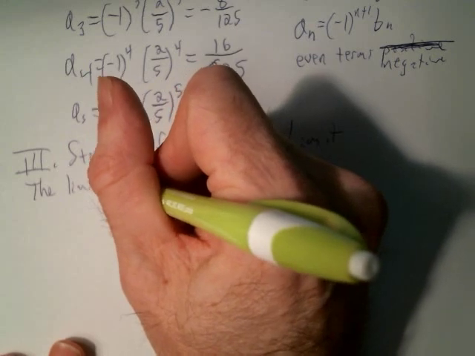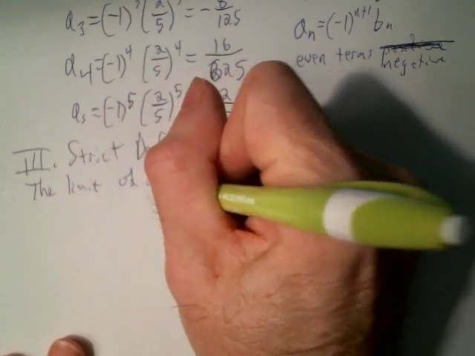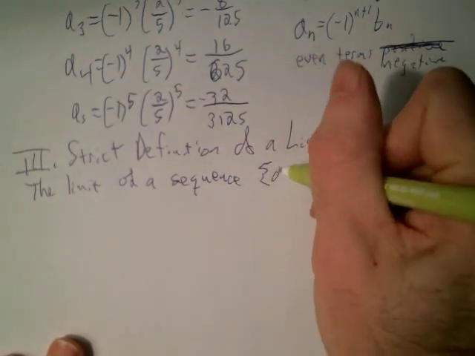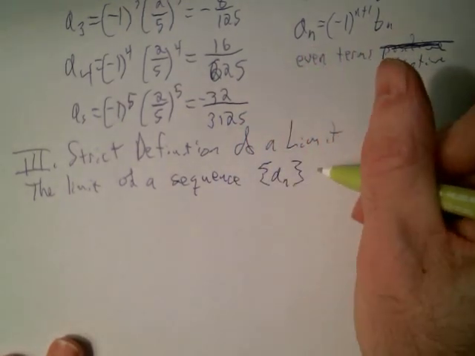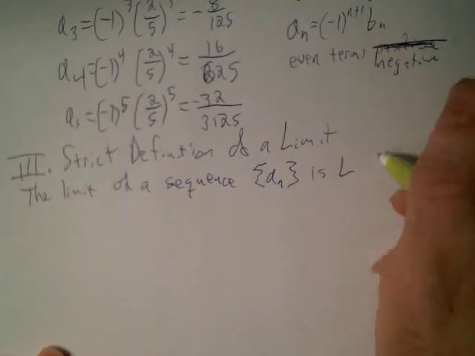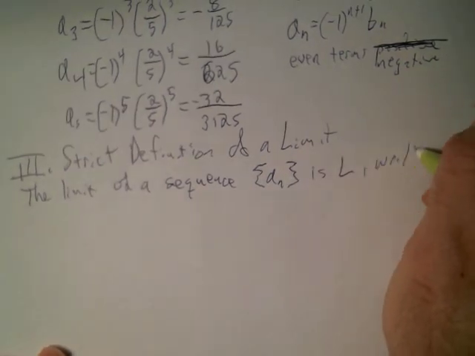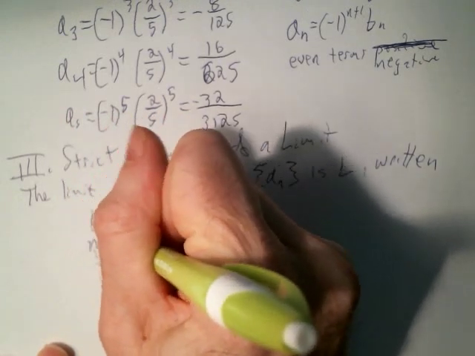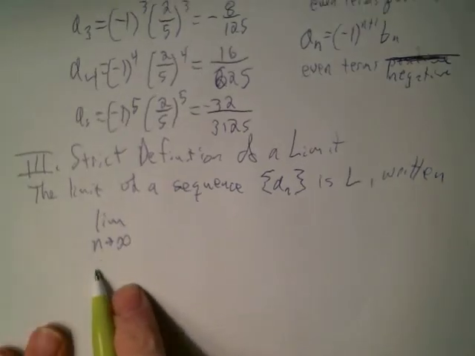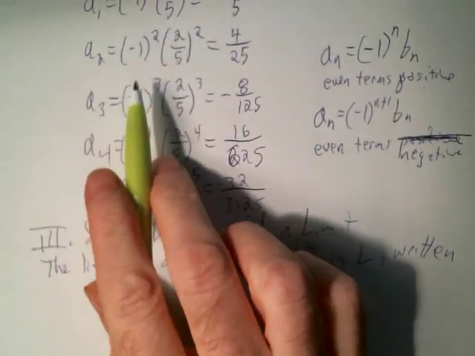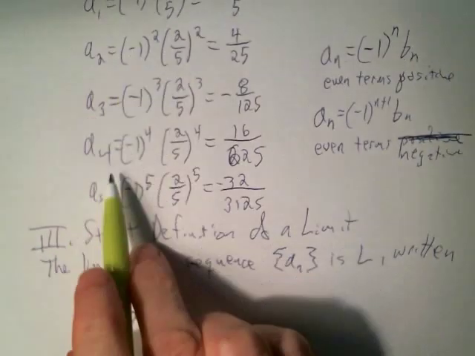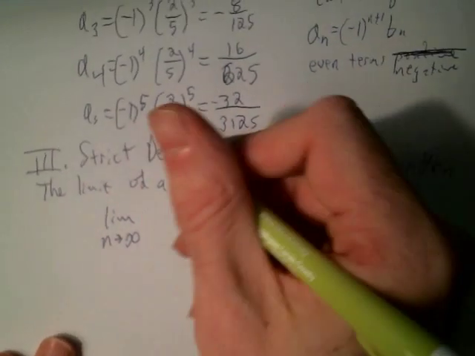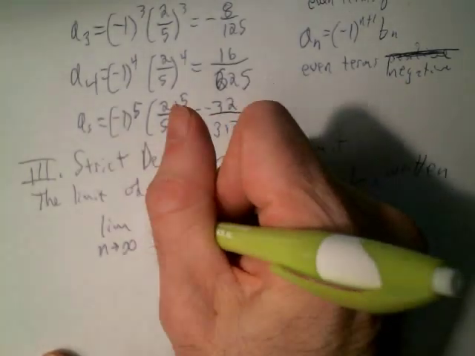The limit of a sequence a sub n is L, which is written as the limit as n goes to infinity. And we only care about n going to infinity. So it's what happens in the long run as we keep going: a5, a6, a7, a100, a2000, a2 million. That's what we're worried about.